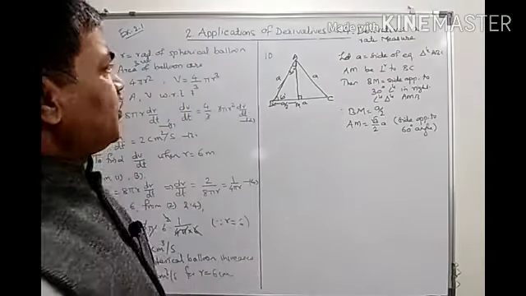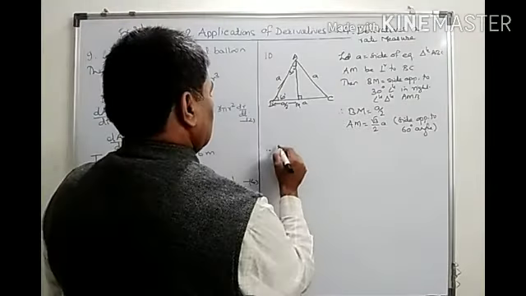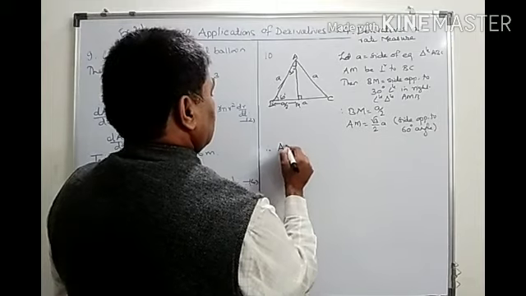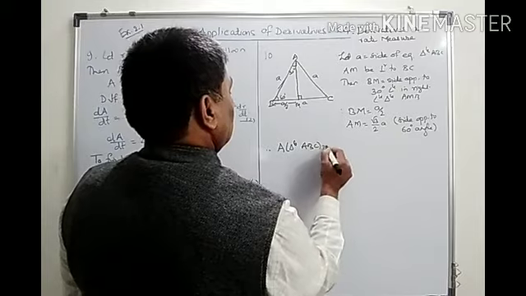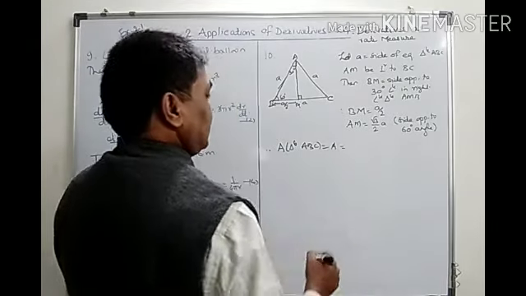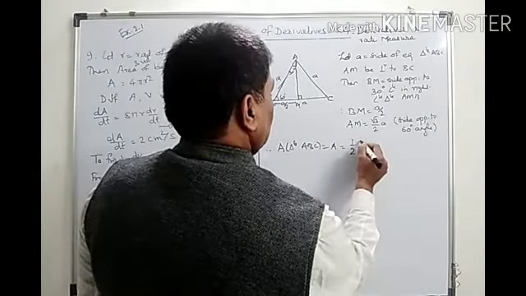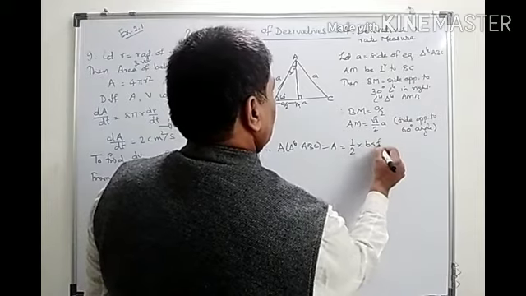So therefore area of triangle ABC, if I just denote it by A, is 1/2 into base into height.